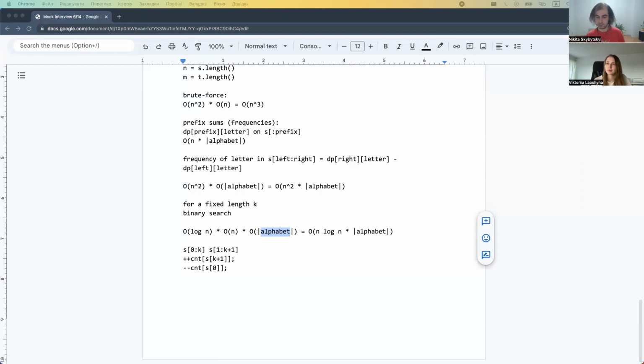Once it unfreezes, should be good. Okay. I did not expect this.